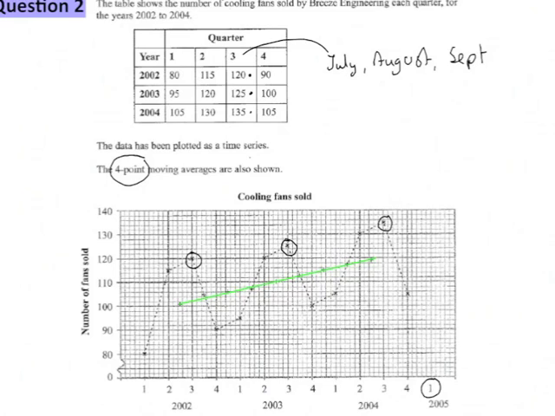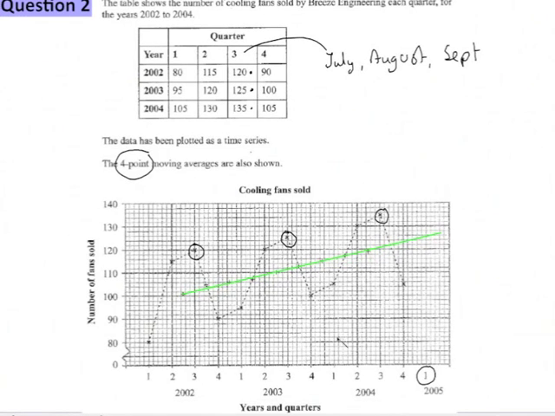So our trend line is going to need to be extended. So having our trend line here, I'm going to extend it across, again keeping it the same, but extending it across here. So taking our ruler again and going up from the first quarter of 2005 and up and across.